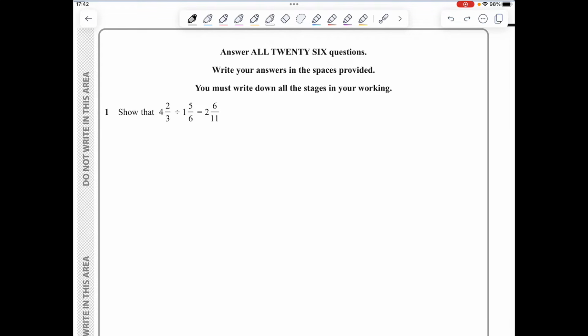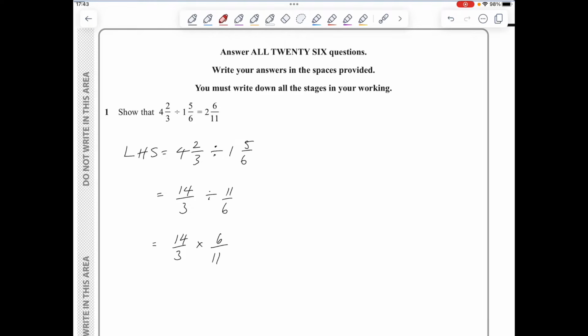For question 1, start with the left-hand side, which is 4 and 2/3 divided by 1 and 5/6. Let's convert both fractions into improper ones, so 14/3 divided by 11/6. And I'm going to flip the second fraction and change division to multiplication, so times 6/11.